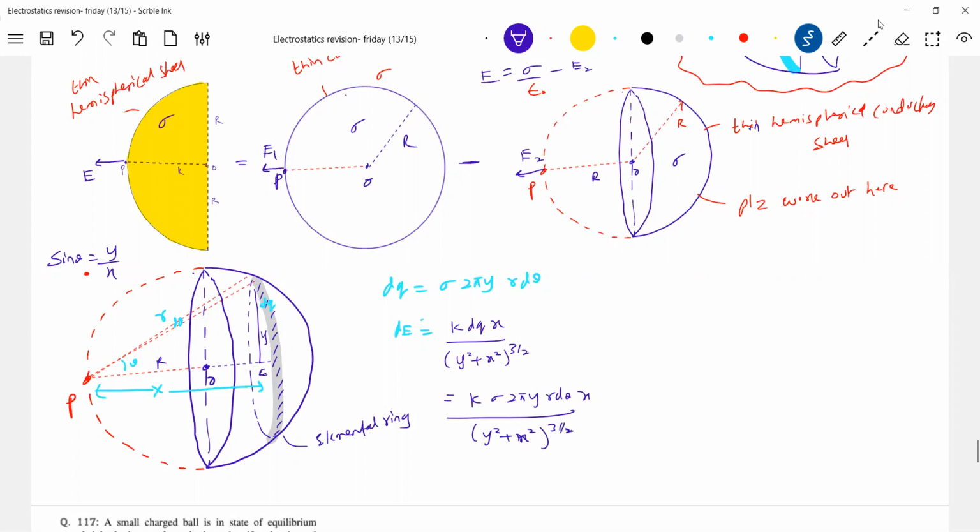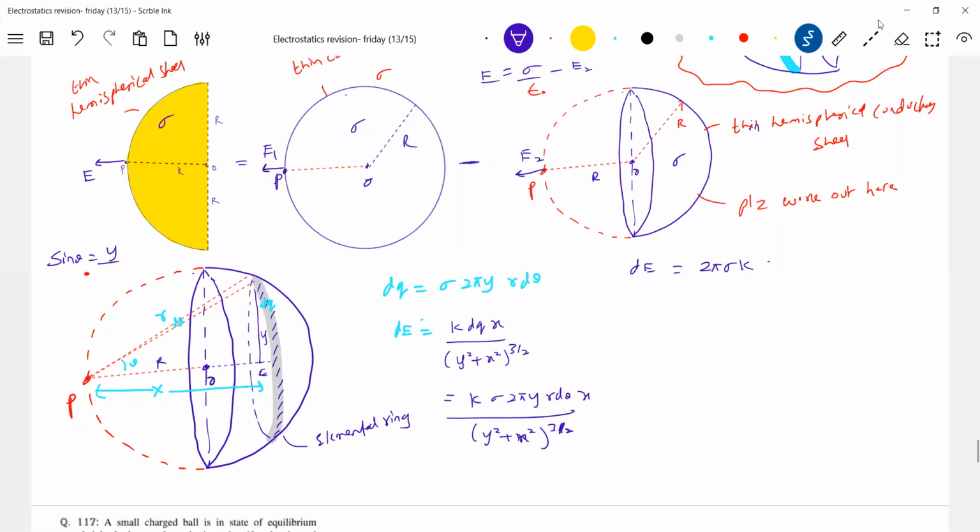Many unknowns are there. The final equation should be brought in terms of theta only. First we'll replace y equal to r sine theta. 2 pi sigma k, I'll keep it as it is.